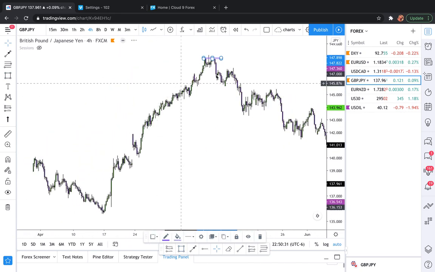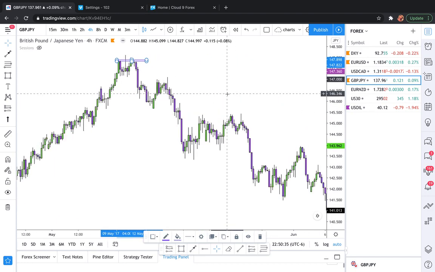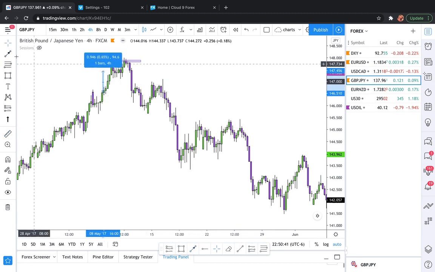Okay, so price comes up to here and had a huge impulse, makes a double top.